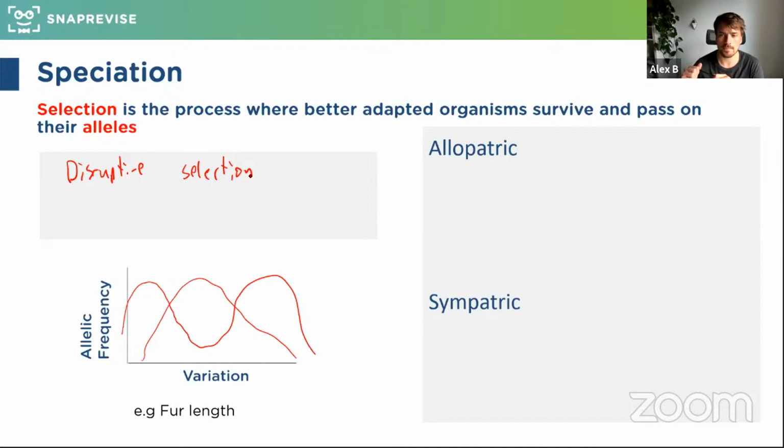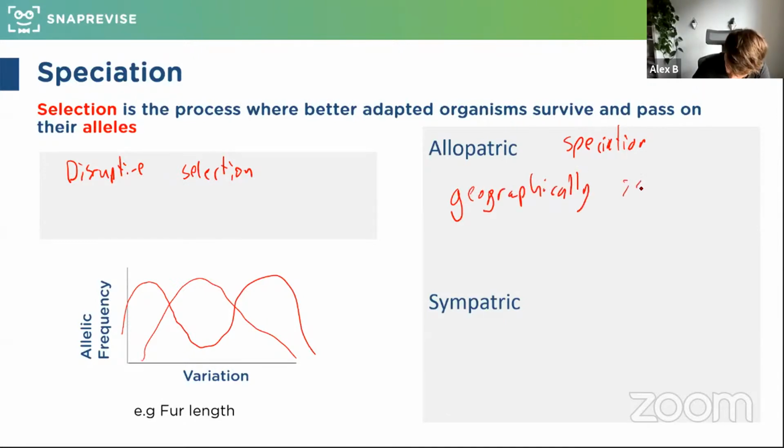So yeah, I think there's a few more. Let's quickly talk about these: allopatric and sympatric speciation. This is where they're geographically isolated, and this is where they are not geographically isolated.